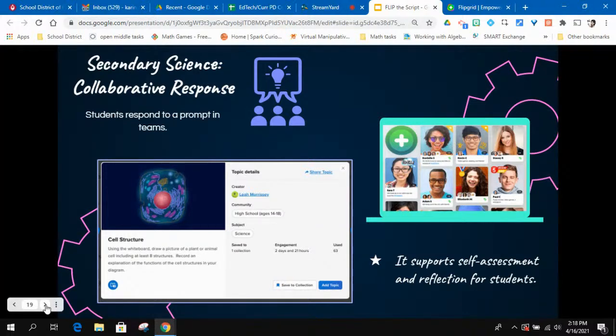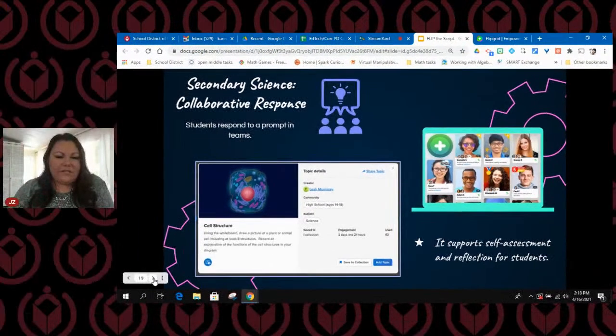This is a great way for the students to have self-assessment because they can learn from each other. If I'm a striving student and I'm not sure what exactly I want to say, I can build upon my peers and come up with a complete answer that I can then post and be satisfied with. It's also a great way for students to reflect on other students' posts.